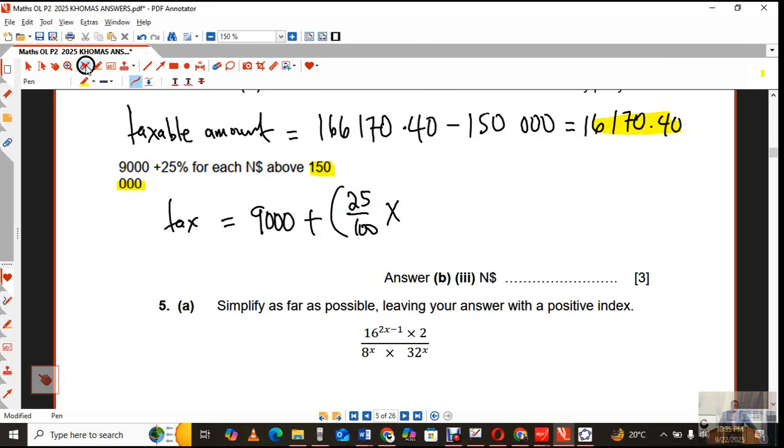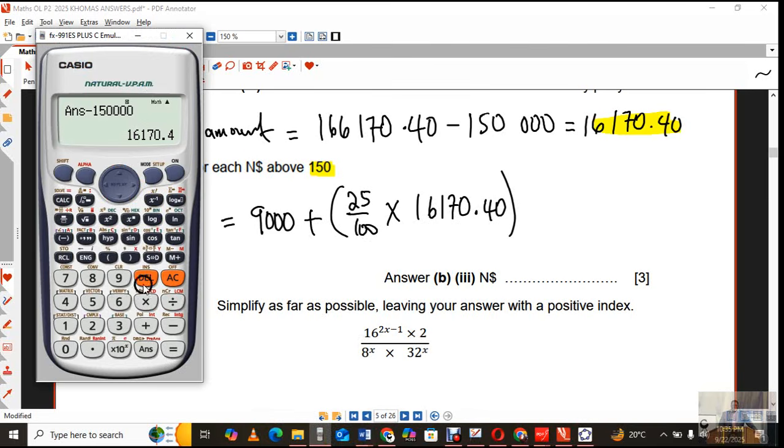Some people like to do that difference right in here, but I like to do it first so that you do not make a mistake. Some people would like to take this whole thing and put it in here, but that is essentially what you do, correct copying from the tax table. So it's 16,170 times 25%.